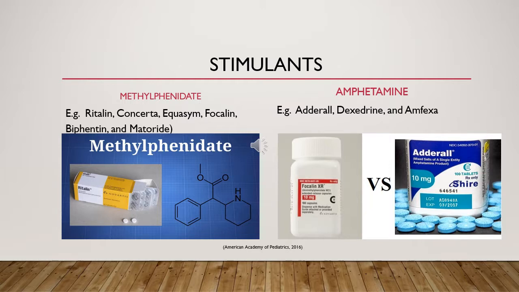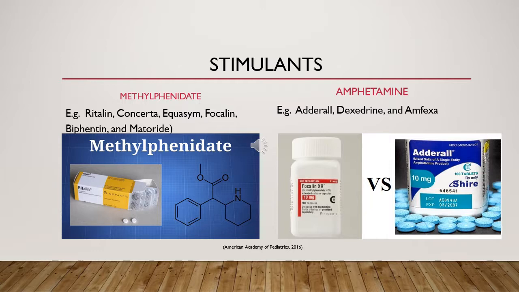Stimulants are approved by the Food and Drug Administration to treat ADHD in children and adolescents and are considered first-line pharmacological agents in the treatment of ADHD. Stimulants, which are composed of methylphenidate and amphetamines, increase levels of norepinephrine and dopamine by facilitating their release in the prefrontal cortex.